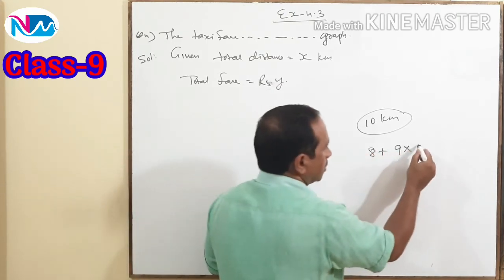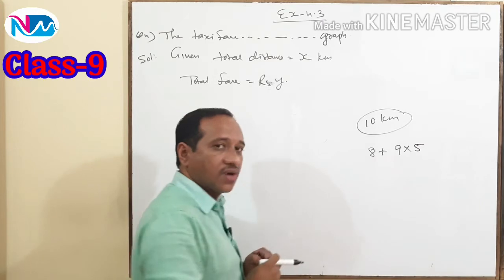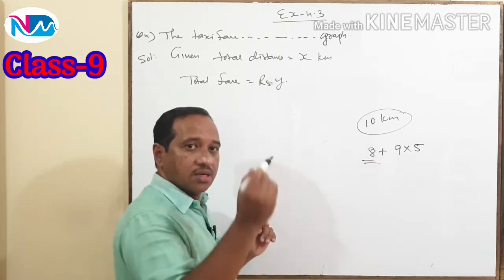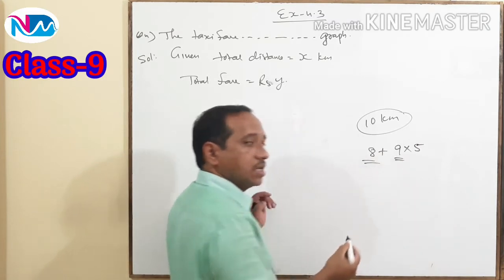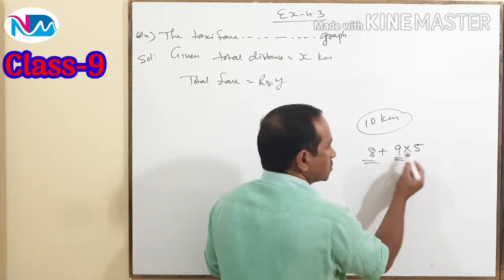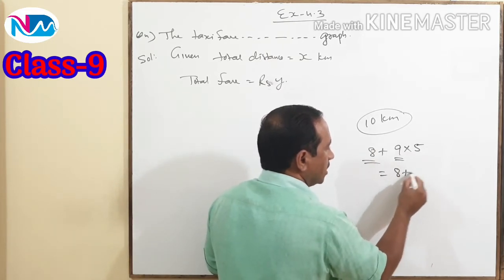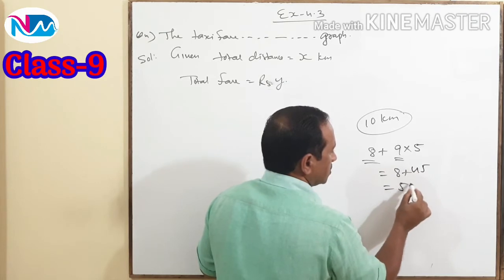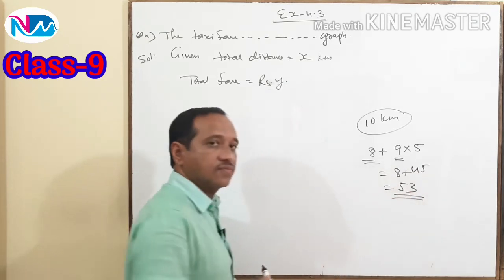So it will be 9 into 5. So it is equal to 8 + 45, which is 53.